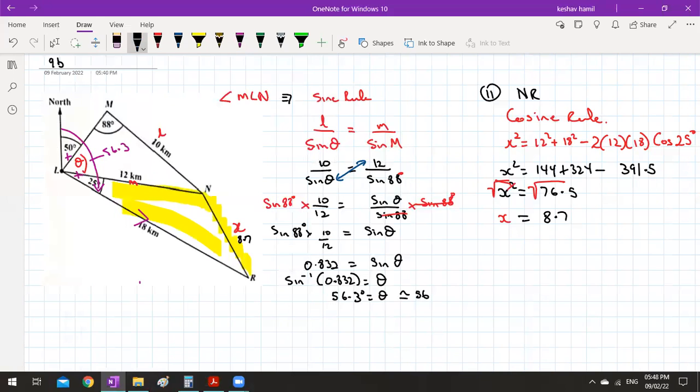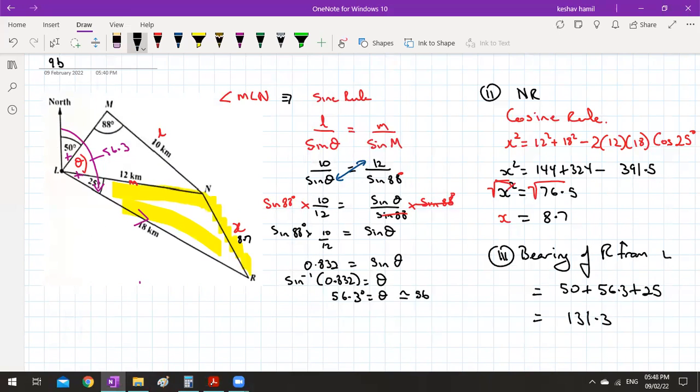So the bearing of R from L is equal to 50 add 56.3 add 25.3, so 131.3 degrees.